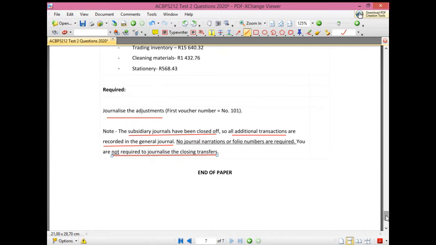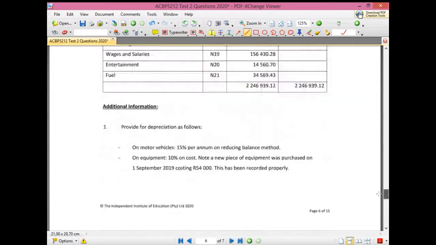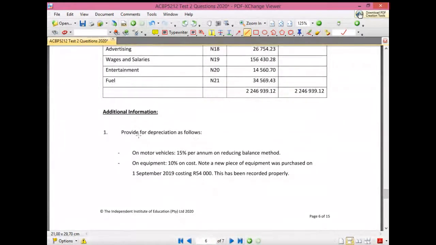So when we talk about journalized adjustments, we have to go through the additional information provided in here, and we will have to document that as a journal. So we're going to read through the information, and then we'll look at how do you actually document each journal. Okay, so the first one, they've asked you to provide for depreciation.